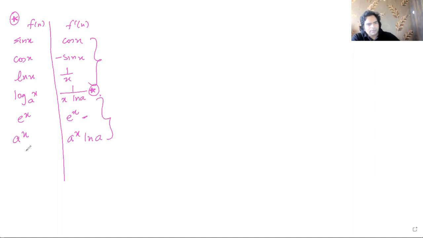Now coming back to the next ones, like for example tan inverse and all. First one is the derivative of sec x, which is sec x times tan x. The derivative of tan x is sec squared x.